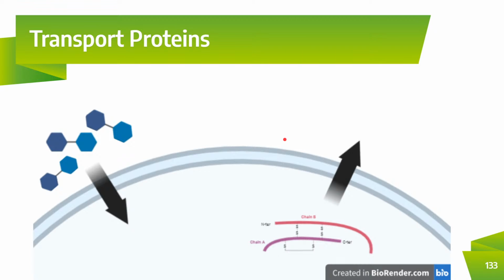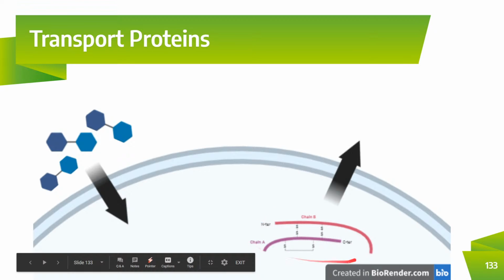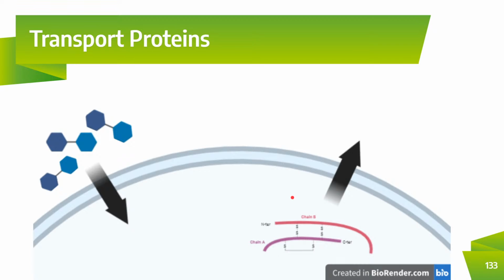So the cell needs a selective process to say, okay, these are things that I want in, and these are the things that I want out. Transport proteins have this essential function.